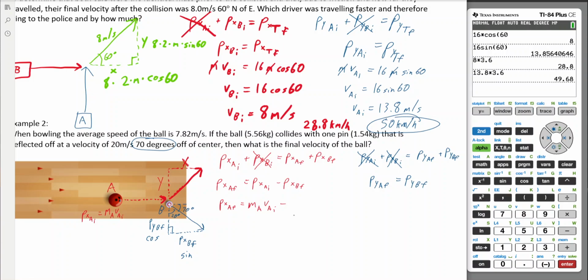So anyways, this is going to be MBVBF sine 20. Okay, and then the other one here in blue is going to be PYAF equals MBVBF cos 20. And it's actually going to have a negative. Forgot to put a negative there.